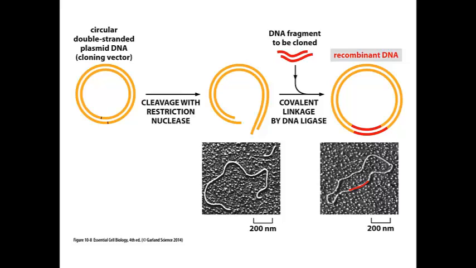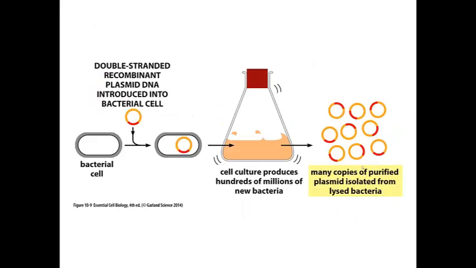So what happens next is that the recombinant DNA needs to be introduced into a bacterial cell through a process called transformation. The bacteria need to be competent to take up DNA, which means they've been treated with calcium chloride, and then the recombinant DNA is added, and the bacteria are shocked into taking it up, either through heat treatment or through an electrical shock.